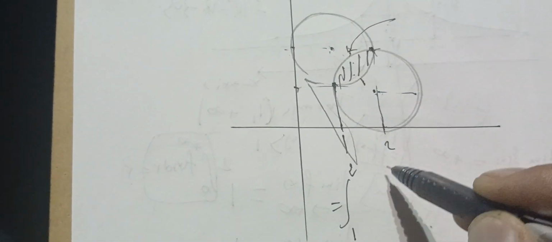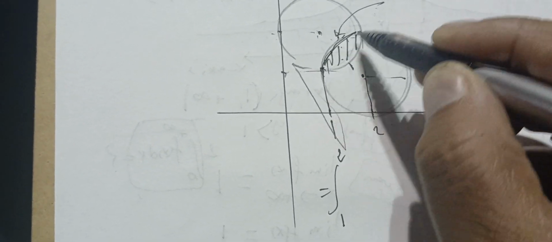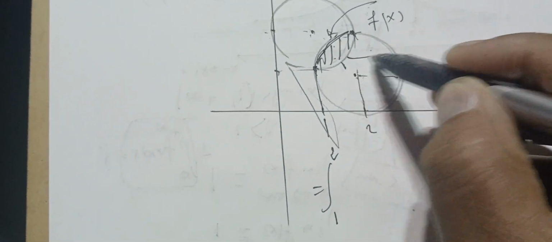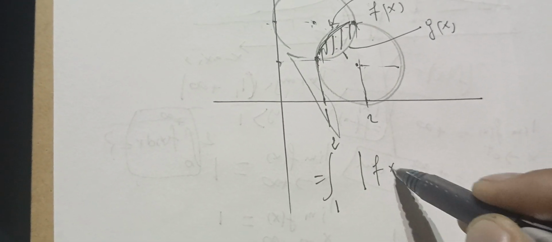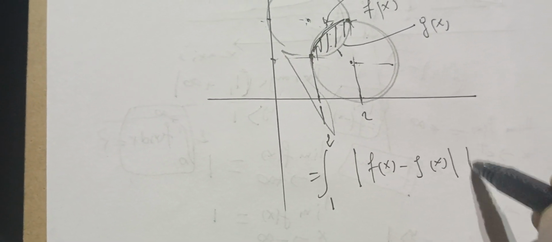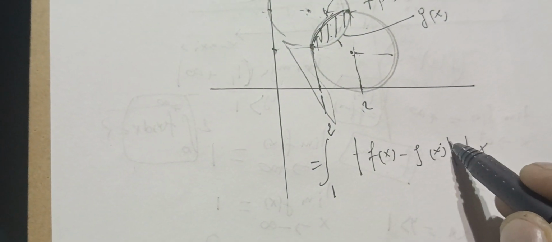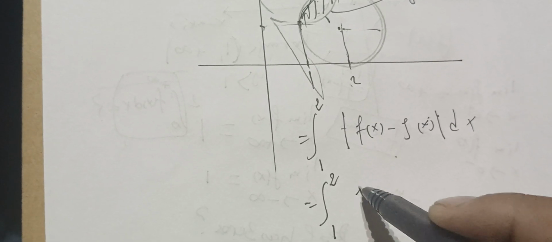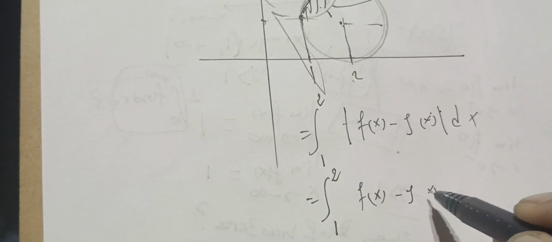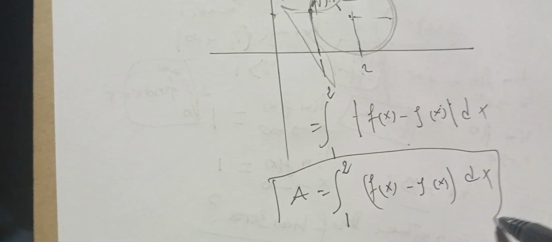Assume that this top here is expressed as f of x, and this one is expressed as g of x. The area in this case is the integral of f of x minus g of x dx. Since both of them are positive, we get rid of the absolute value, and the area here is just the integral between 1 and 2 of f of x minus g of x dx. Okay, so this is the area.